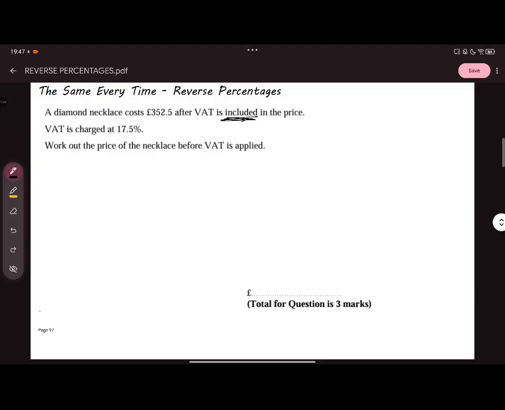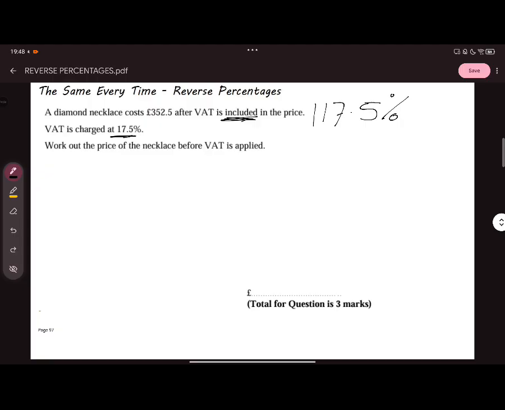So looking at the words here, included means we are adding something on, isn't it? We're putting something else into that price, so we are adding. So VAT, they tell us in the next line, is charged at 17.5%. So if I start off with my whole amount, which we call 100%, and I add 17.5%, what percentage am I going to be working with? 117.5%.